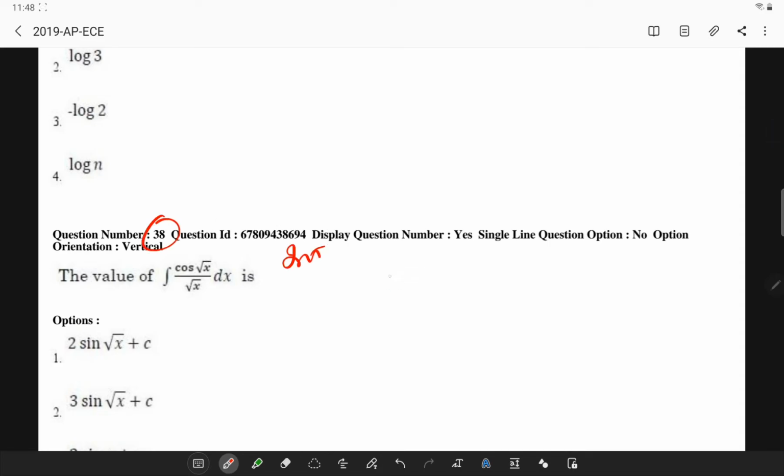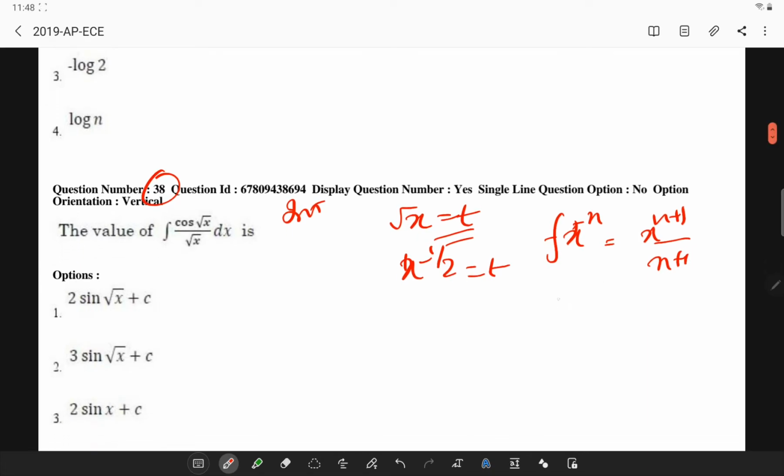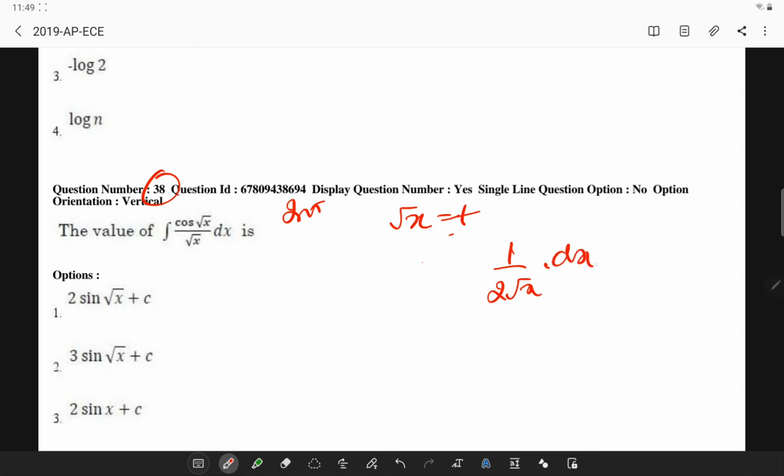In this question, the first step is let root x is equal to t. You have to remember the formula integral x power n is equal to x power n plus 1 divided by n plus 1. Similarly, if you take the derivative on both sides, if root x is equal to t, then dx by 2 root x will be dt.